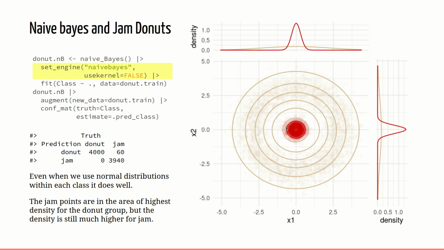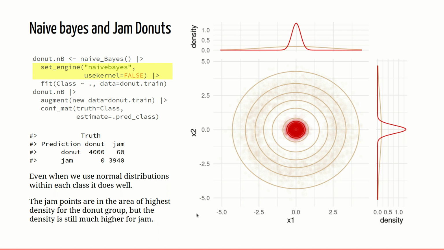And so as long as you're in the middle, you're jam, and if you're not, you're donut. Okay, so while this is a really poor estimate of the distribution in the donut, it's good enough because of the way the two classes are structured.